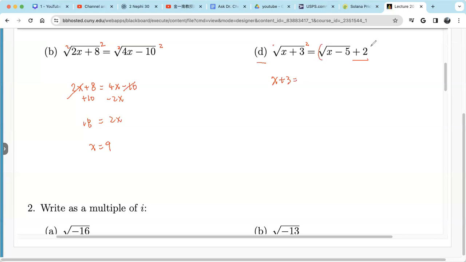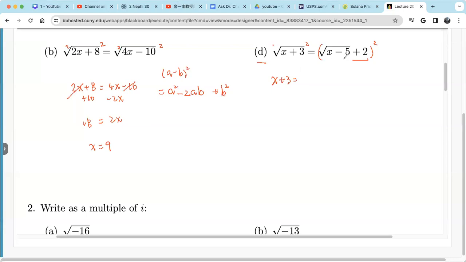Now let's square the right-hand side. The right-hand side has two terms: we have this radical form, and we have 2. Remember the square of a difference: if we have a minus b squared, that equals a squared plus b squared, minus 2ab. Square the first one, square the second one, and then minus 2 times ab, the middle term. So let's just follow that.